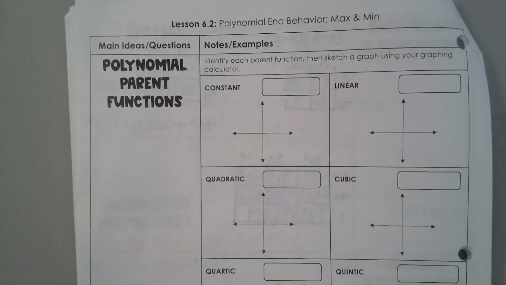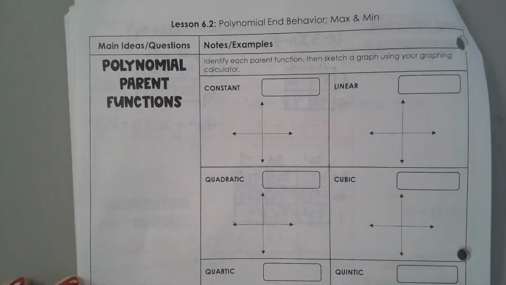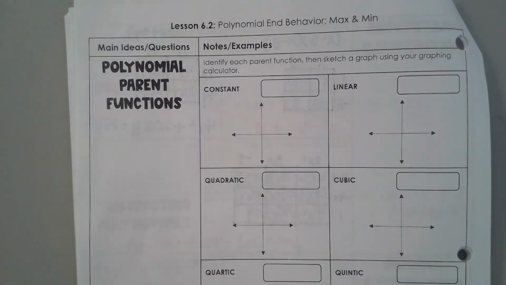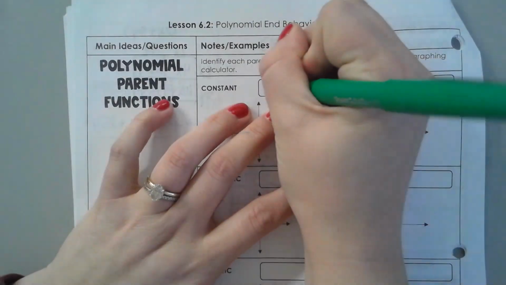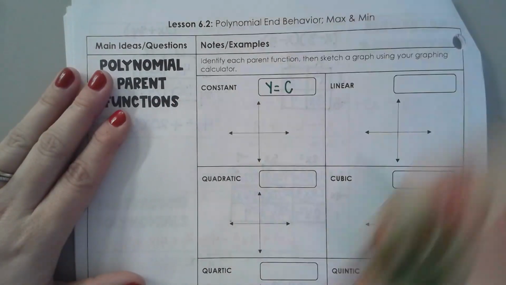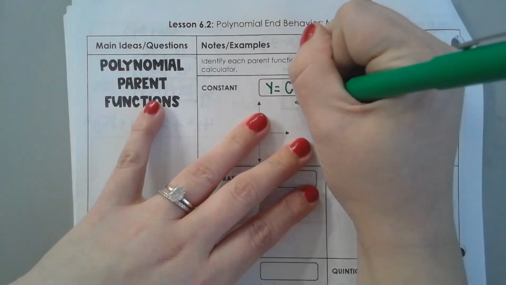And so the first one we talked about was a constant. These are all dependent on the degree. So if the degree is 0, we talked at the very beginning, that was a constant. So it's y equals some number, and I'm just going to put c. C just represents some number.